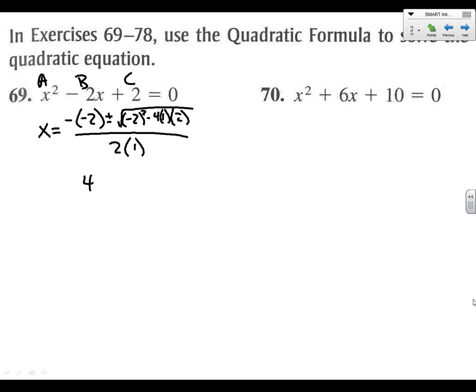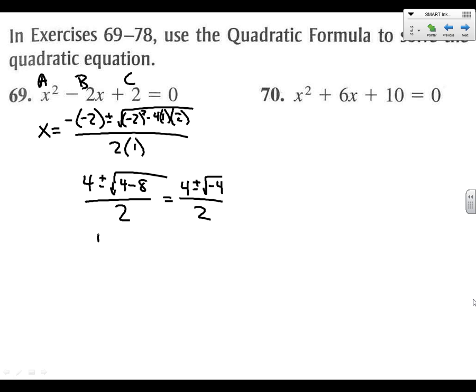We'll clean this up. 4 plus or minus the square root of 4 minus 8 all over 2, which is the same as saying 4 plus or minus the square root of negative 4 over 2.